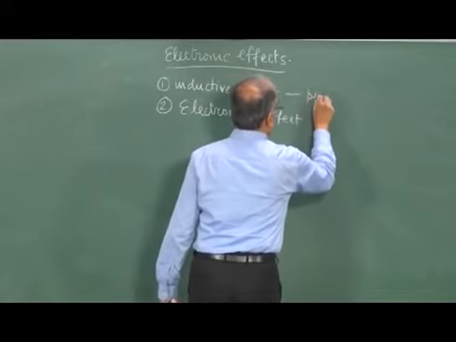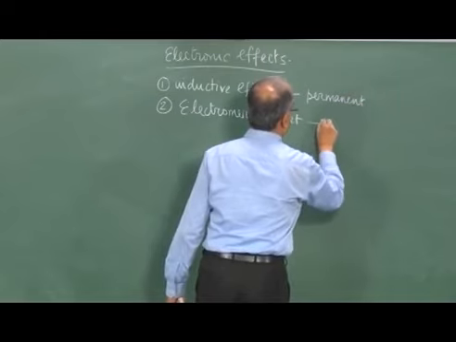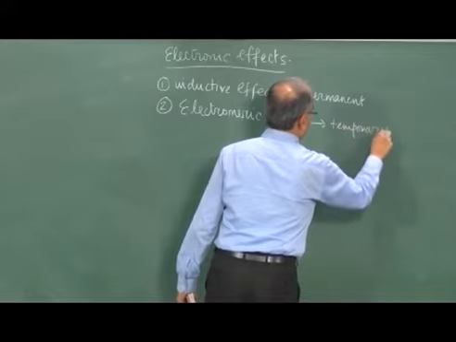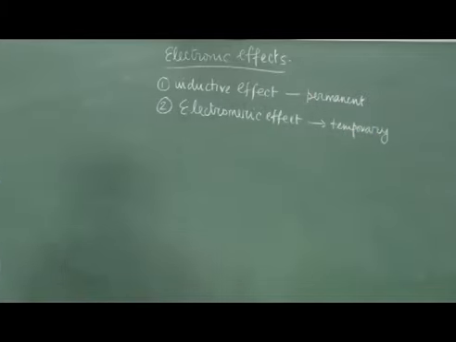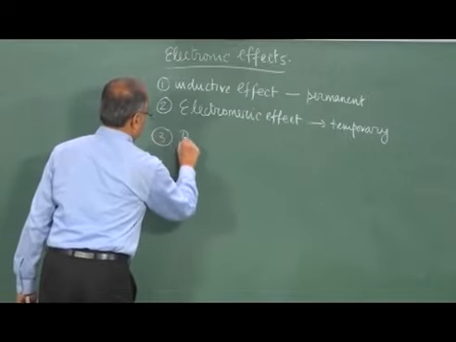This is a permanent effect. This is a temporary effect. This is observed only during the course of the attacking reagent approaching the substrate molecule undergoing a particular reaction, for example. The third effect is what is known as a resonance effect.